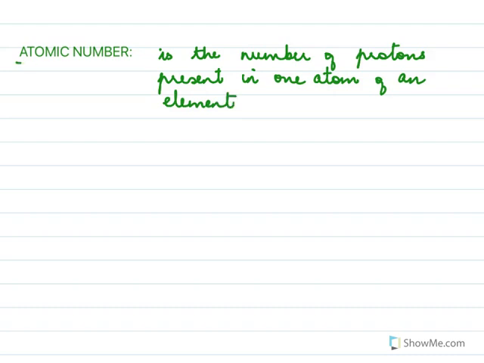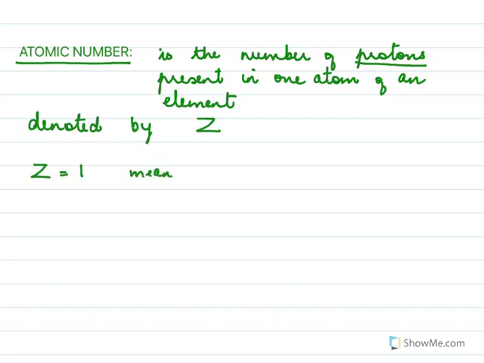So remember, atomic number is the number of protons. Now it is usually denoted by the letter Z. So if I say for an atom Z equal to 1, which means atom has 1 proton.